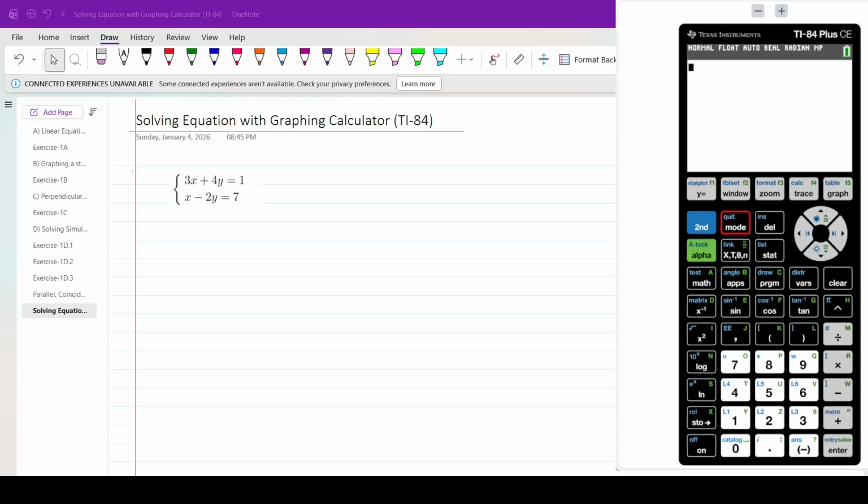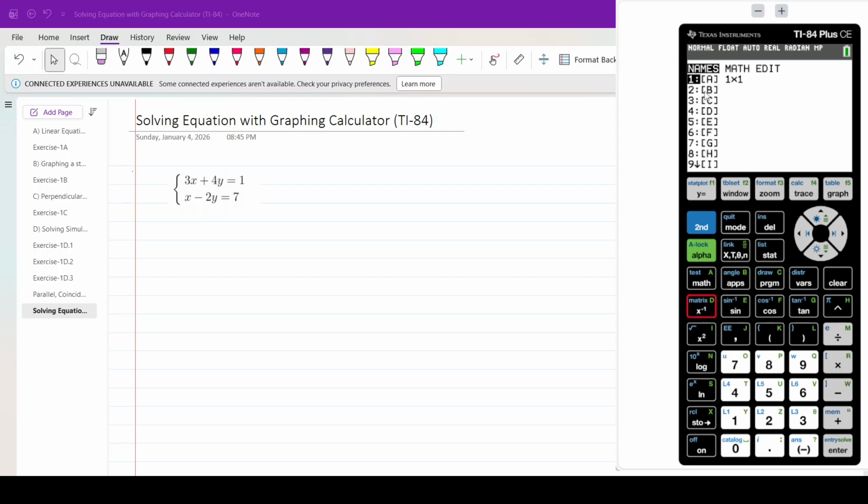We will now learn how to solve these equations using the TI-84. To solve this system of equations, we'll first go to matrix over here. So we'll press second and matrix.